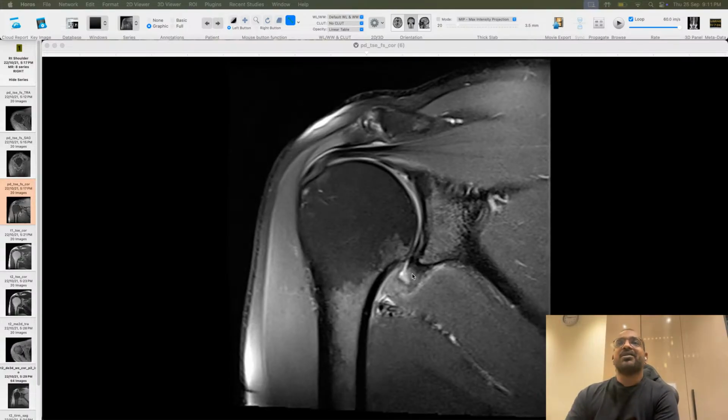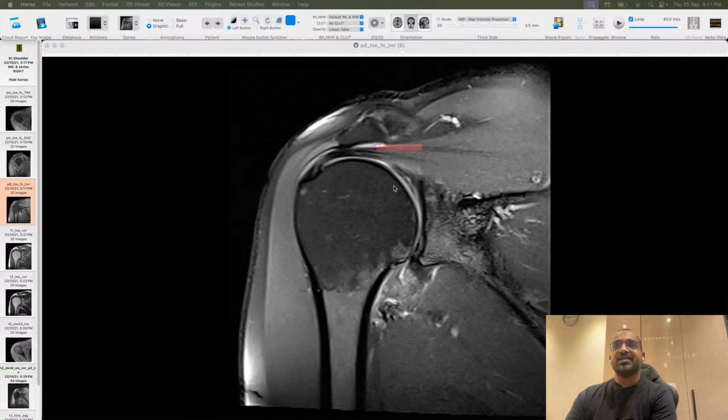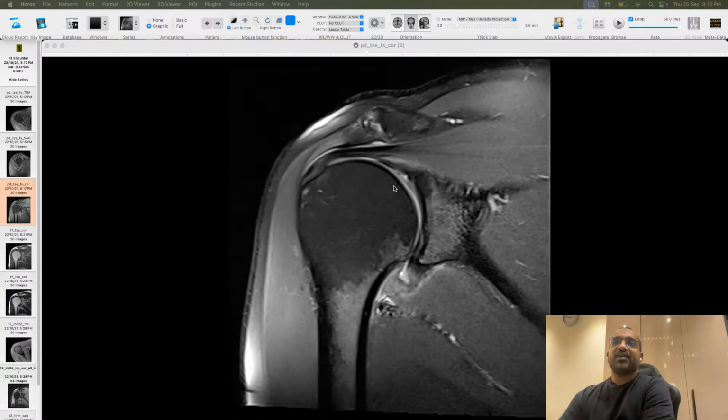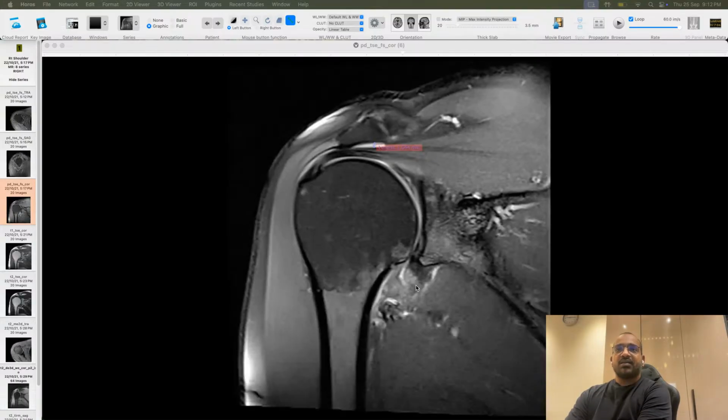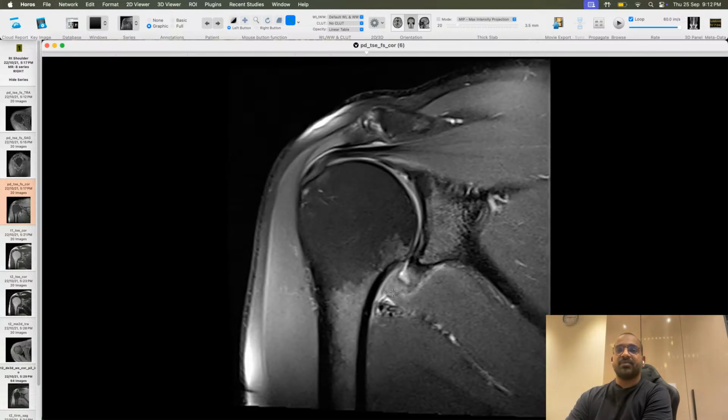Is there any other pathology I didn't tell you about in this coronal image till now? What is the pathology we are seeing here? We can see here, which is glaring at us, the axillary pouch, which is thickened and showing hyperintense signal on the PDFS image.